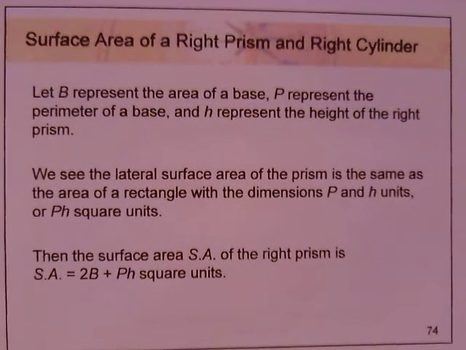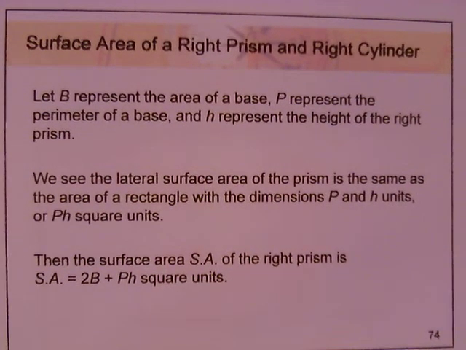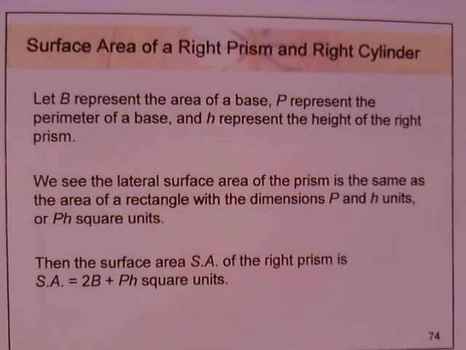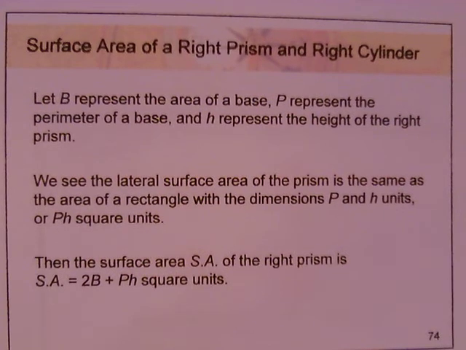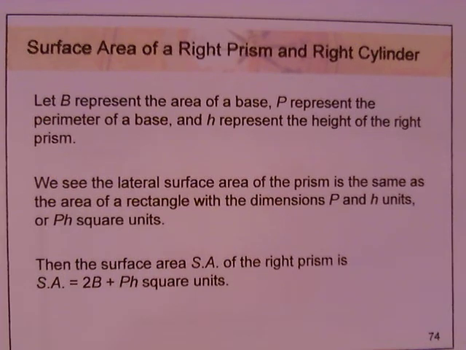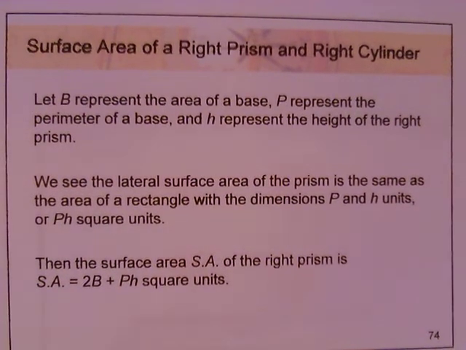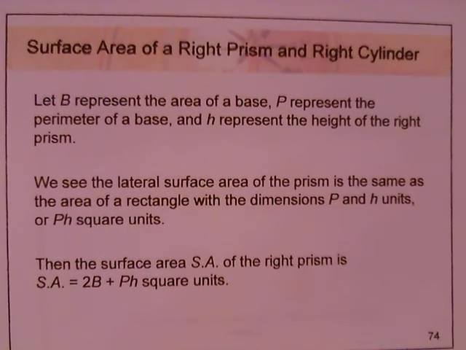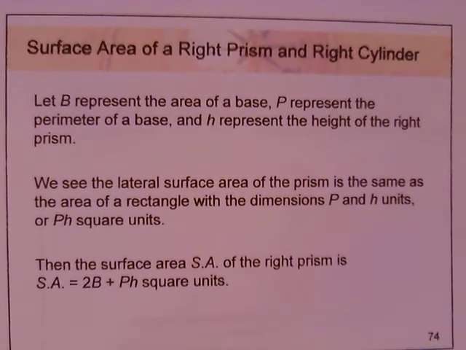Now, we're going to let B represent the area of the base, P represent the perimeter of the base, and H represent the height of the right prism. Here we see the lateral surface area of a prism is the same as the area of a rectangle with dimensions P and H units, or P times H square units.